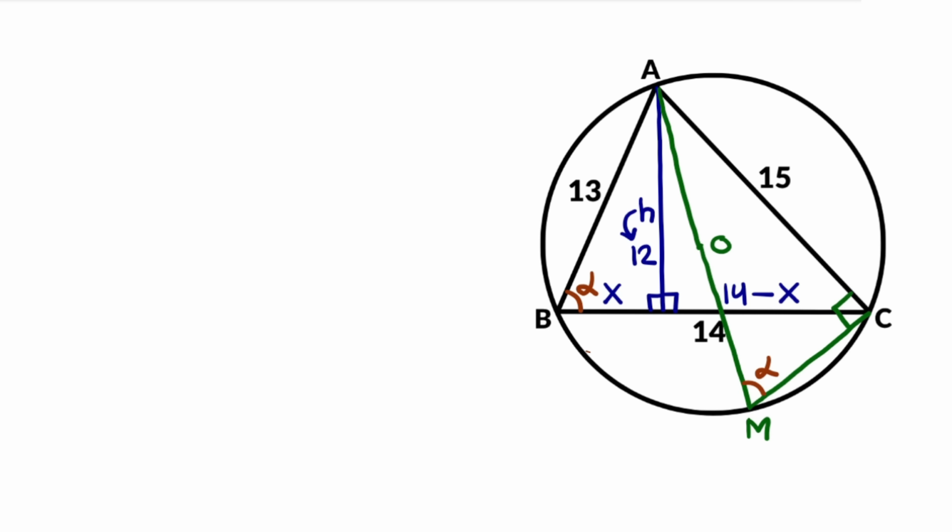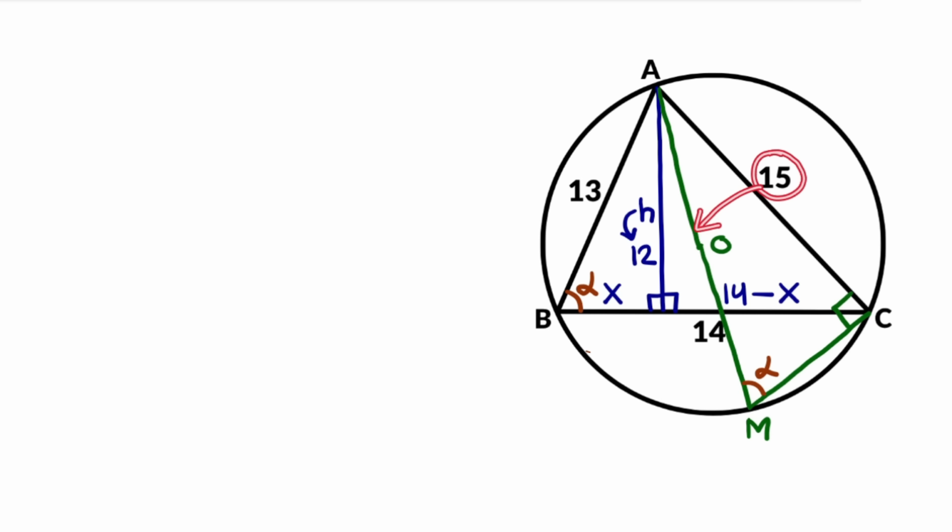In the original triangle, the side opposite alpha is the altitude, which is 12, and the hypotenuse is 13. In the larger triangle, the side opposite alpha is AC, which is 15, and the hypotenuse is the diameter, AM.